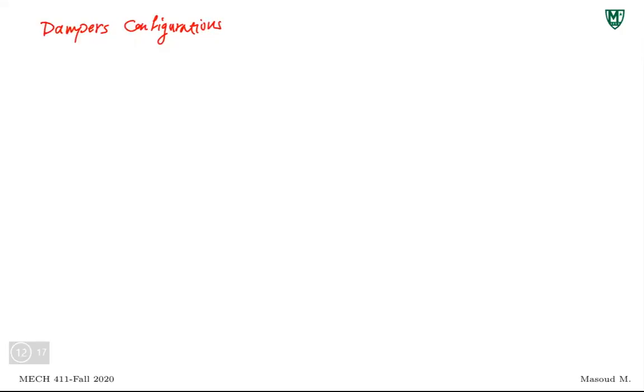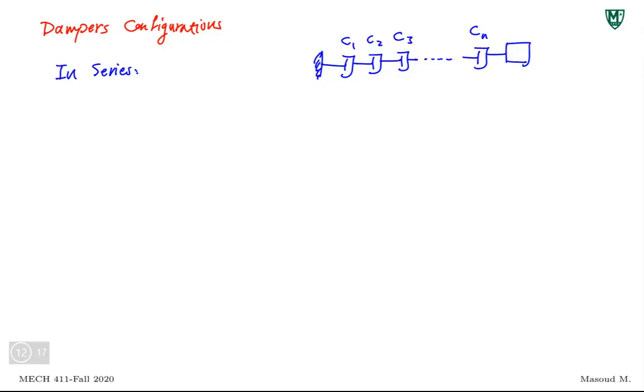Dampers could be in series or in parallel. Let me start with in series. If I have a set of dampers like this, let's start from a wall. Let's use C1, C2, C3, up until Cn, and let's say it's connected to a mass.